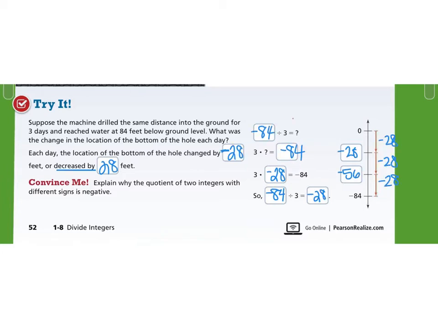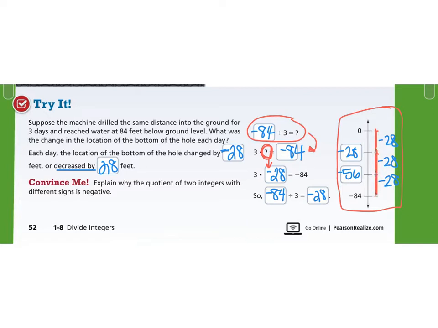Notice in this problem, we took the division and changed it over to a related multiplication fact because we are looking for what that question mark is equal to. In this case, 3 times what number makes negative 84? Well, that number has to be a negative 28. And you can see on the number line over here to the right that each of those 3 movements was in an increment of negative 28.